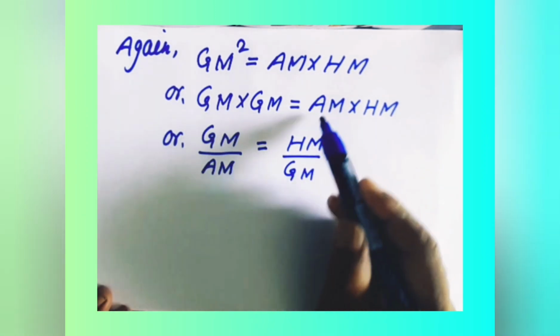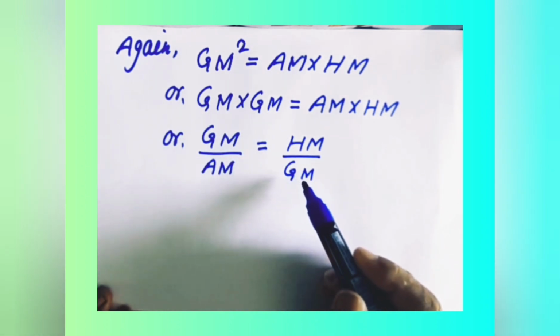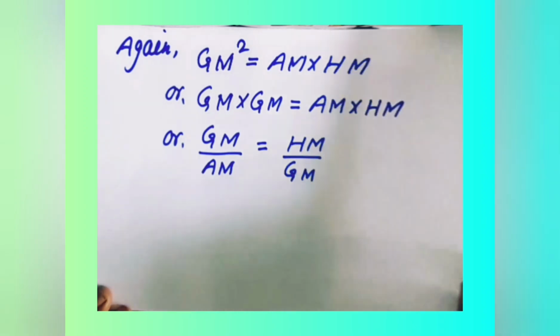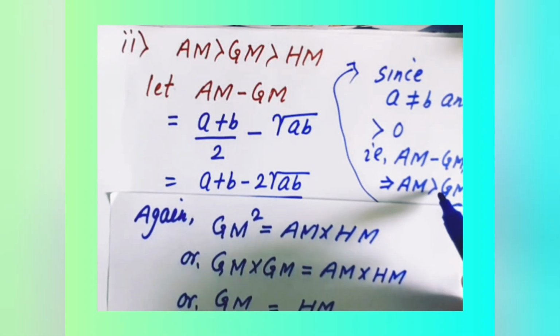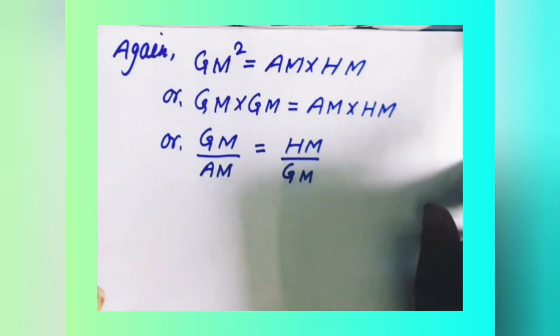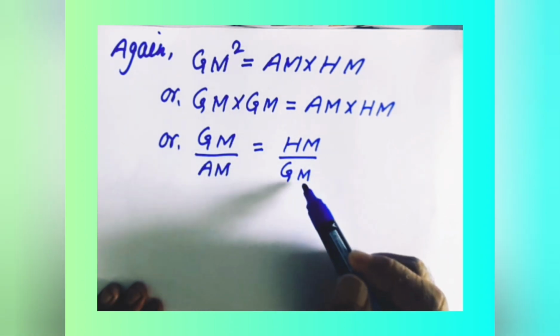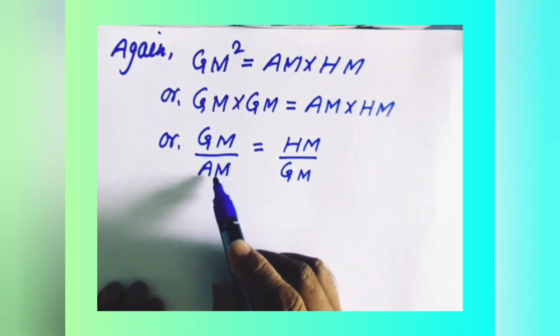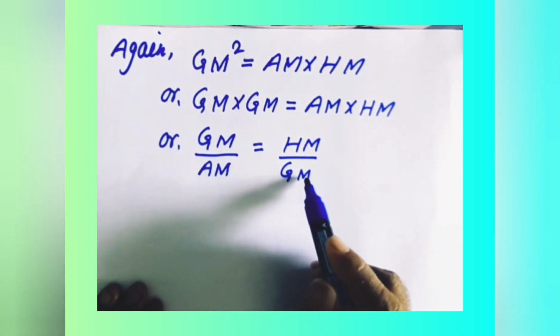This we can write as GM upon HM equal to AM upon GM. In the first, we have already seen that AM is greater than GM.